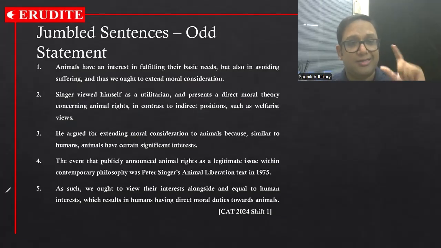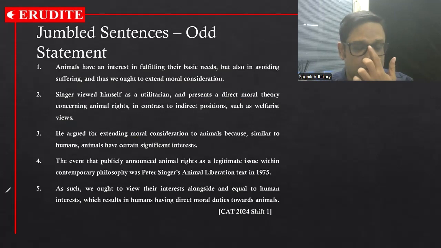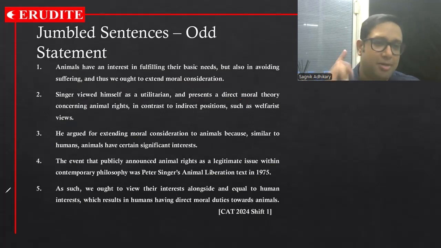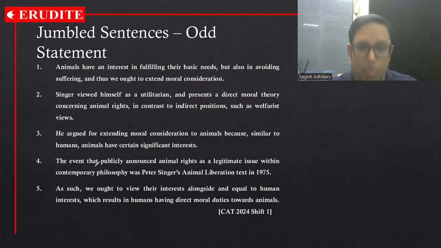Because if we look at the statements as options, then the statements are very close. That means the options are very close. But we realize eventually that it is statement 1 which is different. First off, we have statement 4. We are not sequencing these statements, but sequence sort of appears because this introduces Peter Singer and also the liberation text. So this clearly would come first in the sequence.